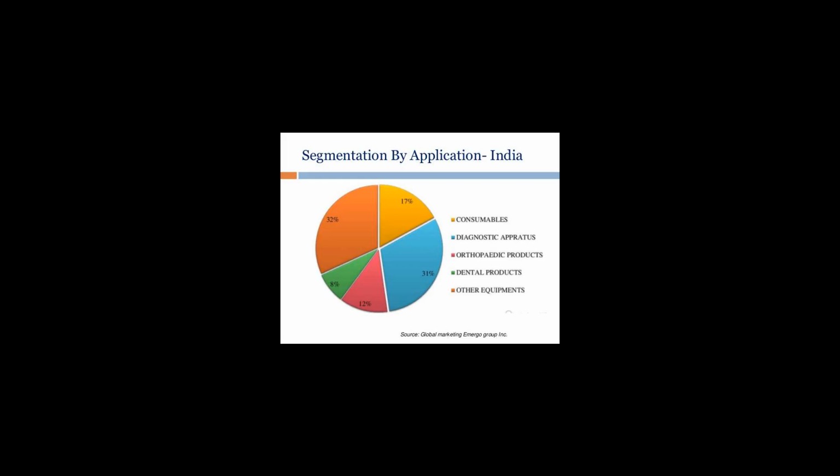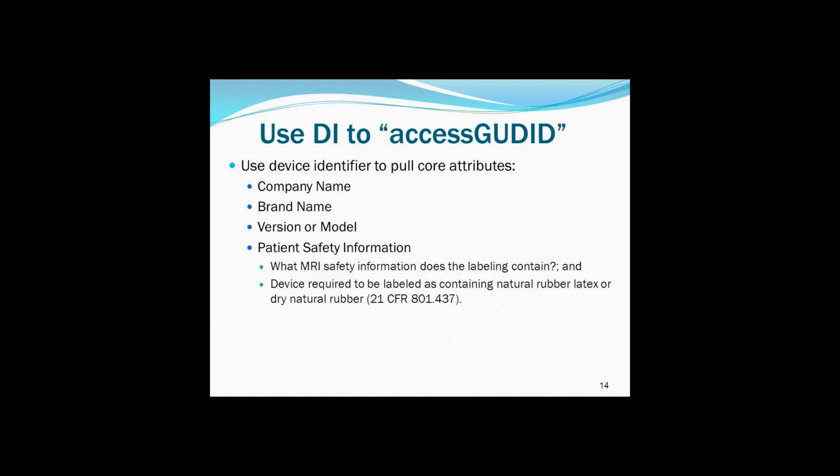GMDN code 47569. GMDN definition, a sterile, handheld, manual surgical instrument constructed as a one-piece handle and scalpel blade, not an exchangeable component, used by the operator to manually cut or dissect tissue.